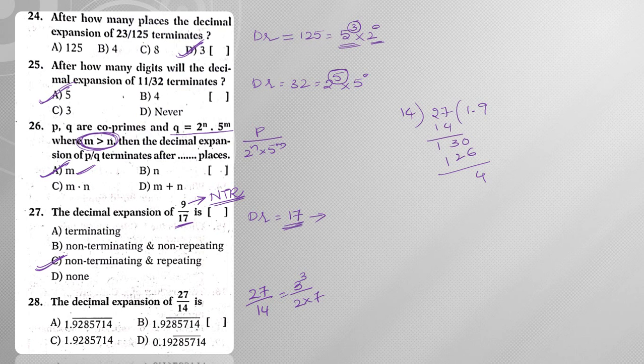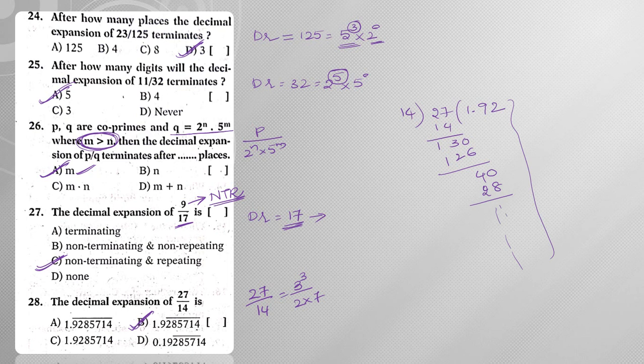So 4 means we can consider 40 here. 14 threes are 42, which is again too much, so 2 times, 14 twos are 28. Likewise if you go on doing the process, on solving we are going to get option B as the answer. Here we need to do the division process.